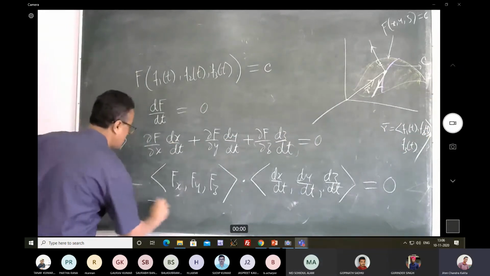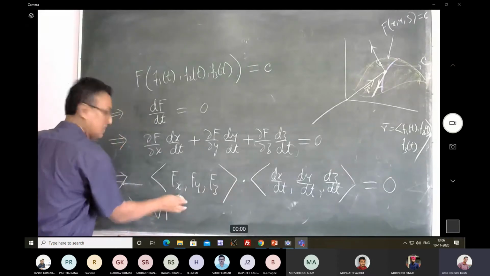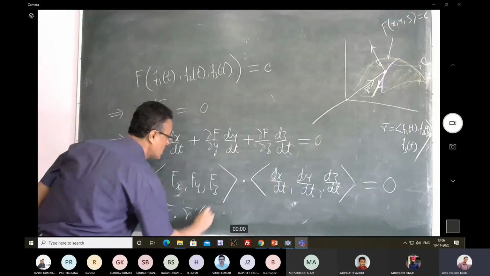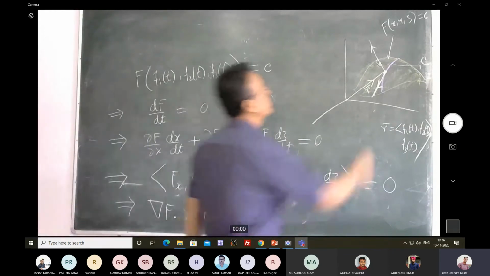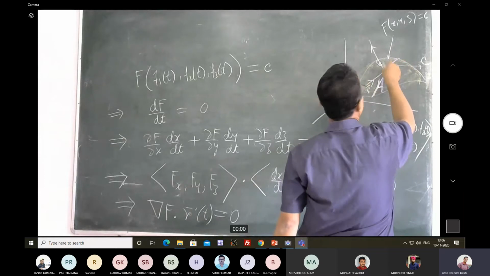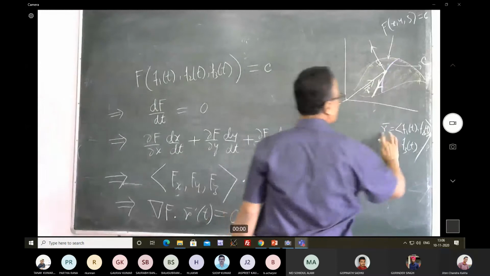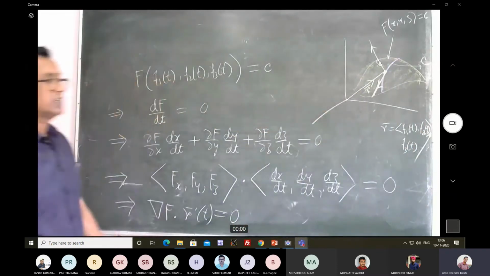But what is this? This is nothing but grad f, isn't it? And this is nothing but, if you define that vector joining a point on the curve C as this R bar, so it is nothing but this, isn't it?